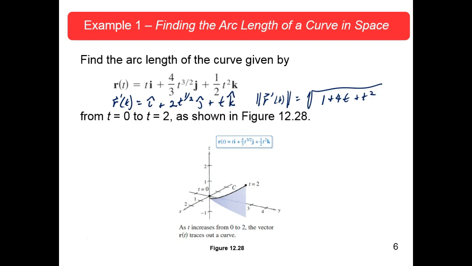Now you take that, and that's the square root of 1 plus... no, it isn't. I was thinking that was going to be a perfect square, and it is not.